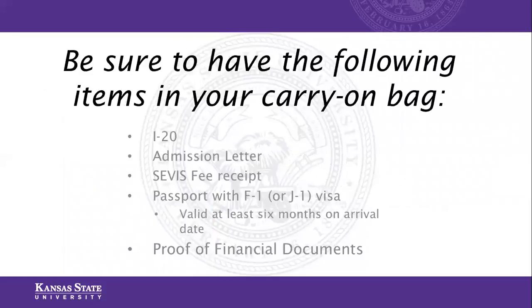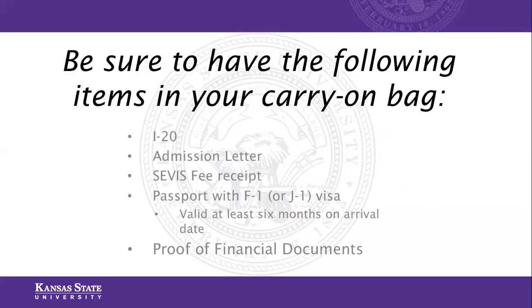So items that you should have as you're arriving into the U.S., as you're packing your luggage and everything, some things to make sure you keep in mind that you pack within your carry-on luggage so it's easily accessible when you're at the customs and immigration counter at your U.S. port of entry. So you're going to want your I-20 or DS-2019, depending on your visa status.